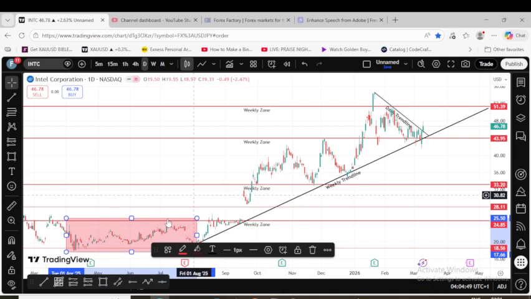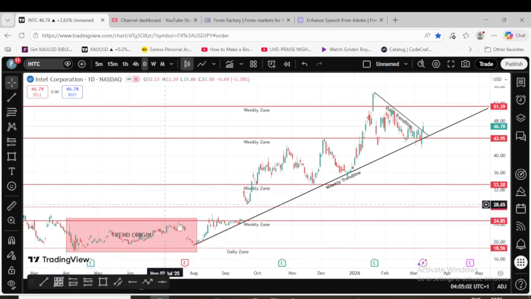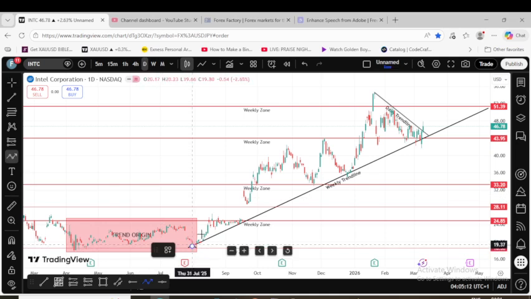What's our trend origin? Our trend origin is obviously the beginning of the trend. Since we can draw a trend line on the weekly time frame, our trend origin will most likely be at the start of that trend line on the weekly or daily time frame.